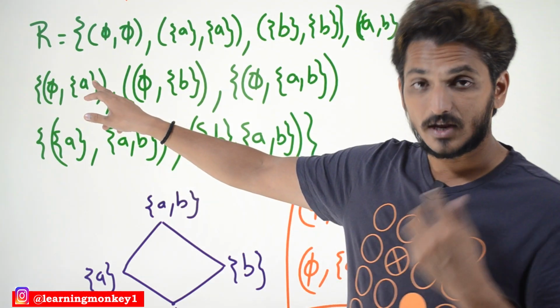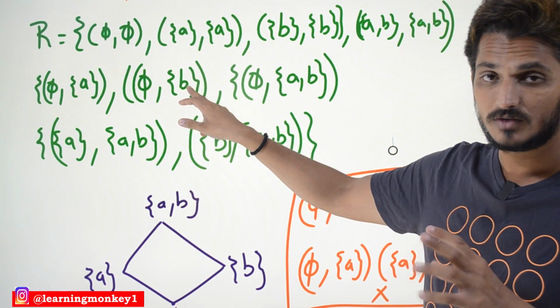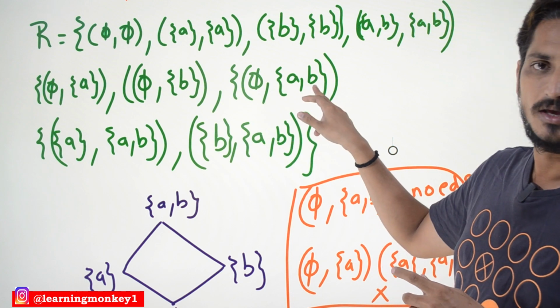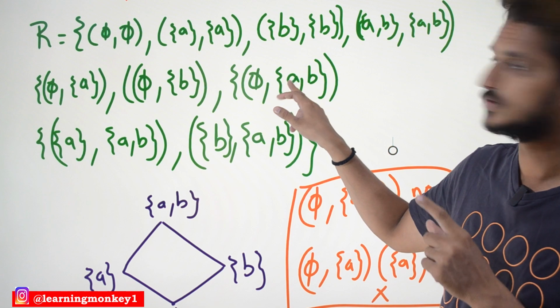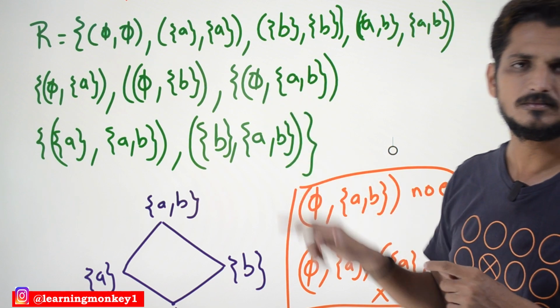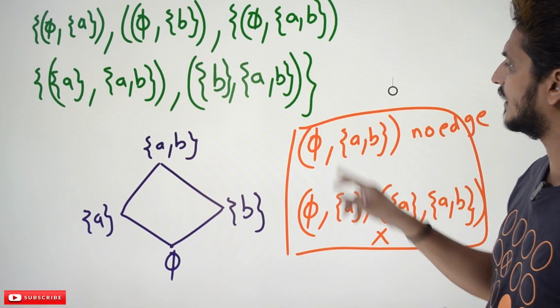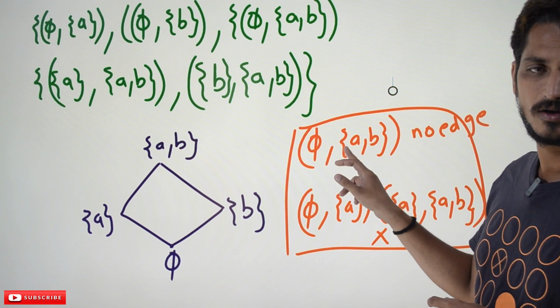Phi comma A, can we create an edge between these two? Phi comma B, can we create an edge between these two? Now the ordered pair phi comma set A comma B. Can we create an edge? No, we cannot create an edge between this ordered pair. Why not?